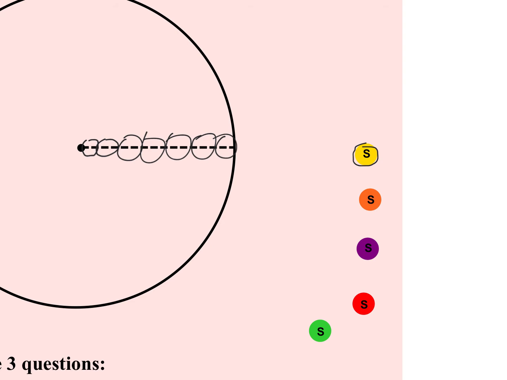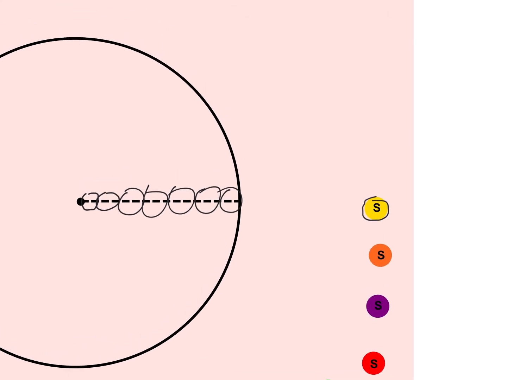But for right now, make 7 Skittles this way, including the one that's on the radius.